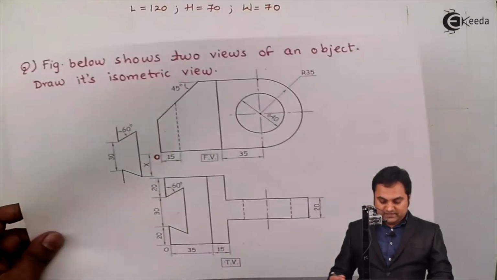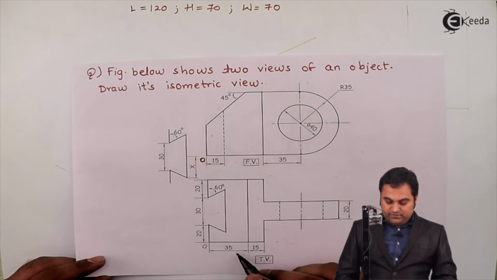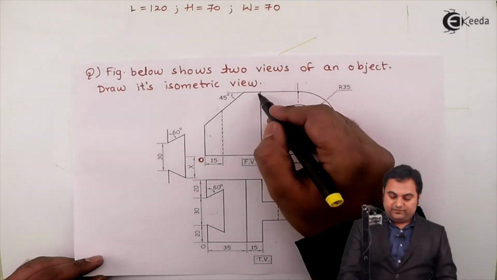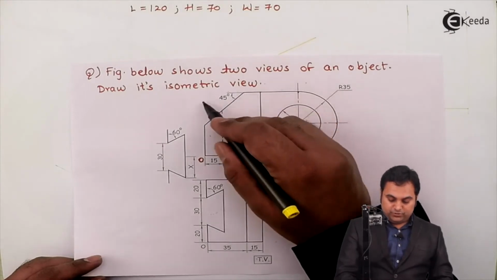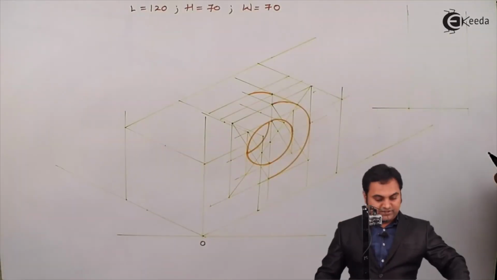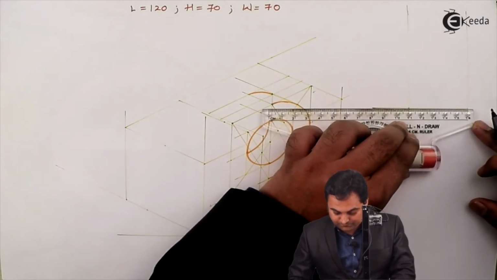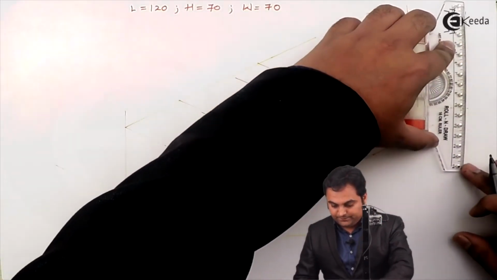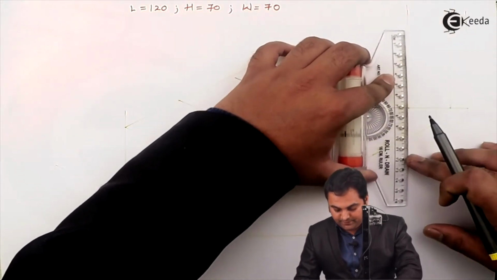Next, as can be seen here in the top view, after 15 mm, the remaining length is 35. It means it is 15 mm straight horizontal line. After that it is sloping, so that remaining length is 35. So measuring 15 mm from one side, which is the straight portion, projecting vertical line through this point. Now the height of the object is 70 mm.